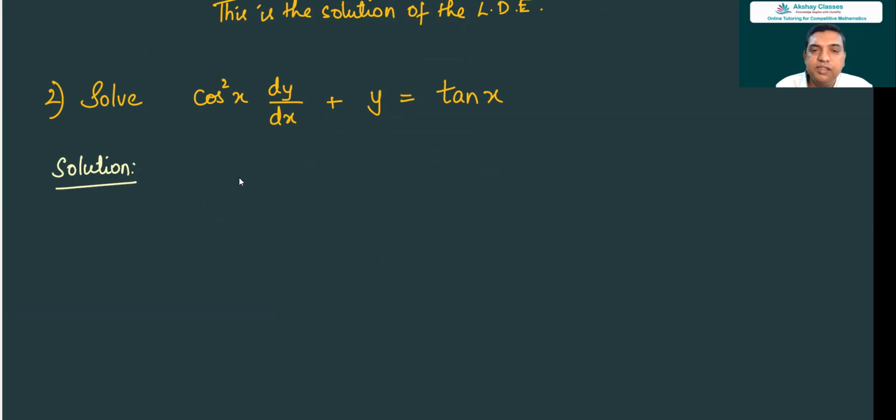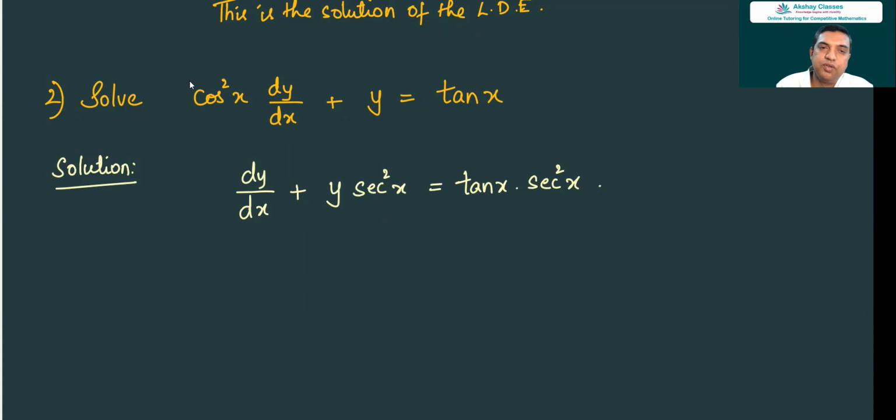So we can rewrite this as dy/dx + y sec²x = tan x times sec²x. So this is p(x) and this is q(x).